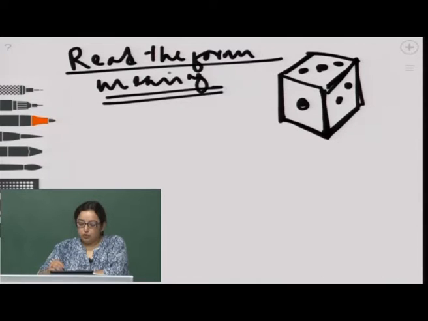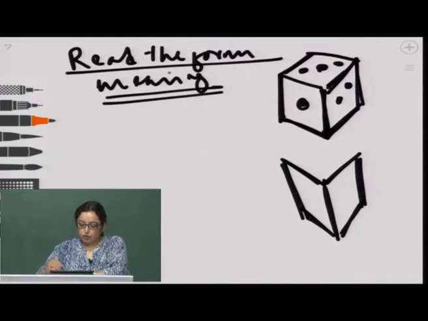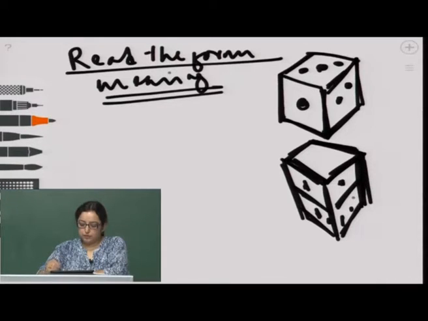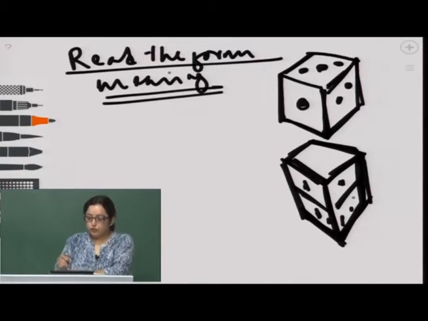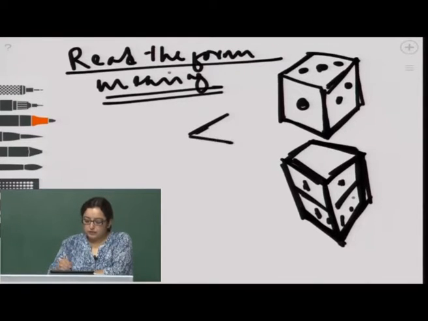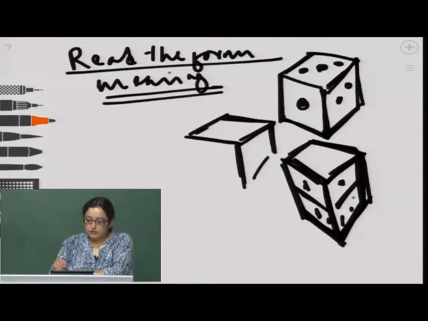A cuboid can be also associable with an open book or a building. It can be associable with a paint stand or just a simple box.